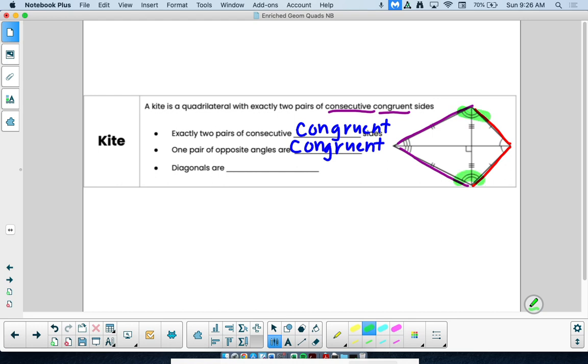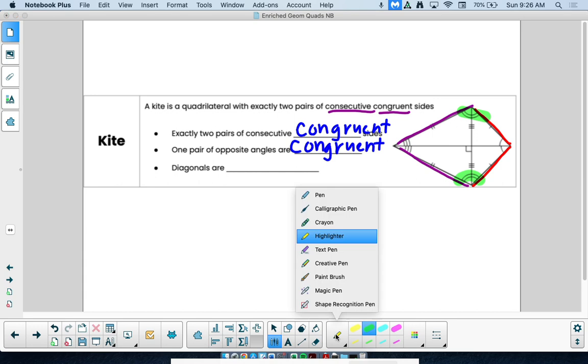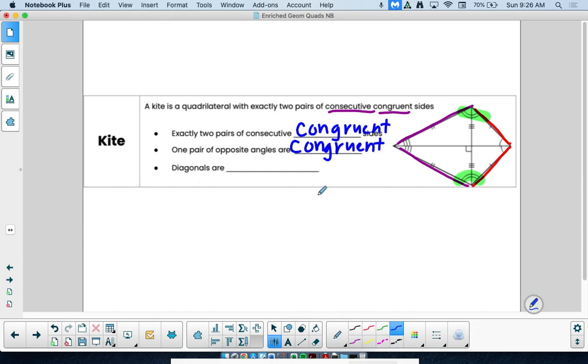So the angles that are between the two different sides are congruent to each other, okay? And then lastly, our diagonals are perpendicular. Meaning, what does that mean to us? I hope that you're thinking, oh yeah, I'm gonna have all right angles inside my kite.